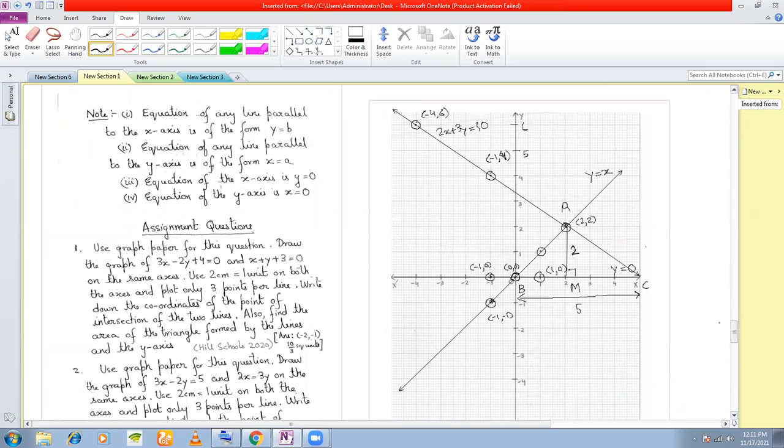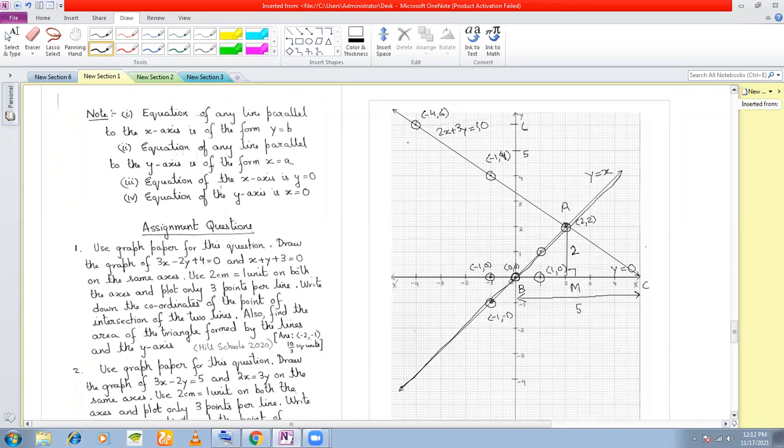Y is equal to x and y is equal to 0. Which lines am I talking about? See the lines on the graph. Y is equal to x is this line, right?